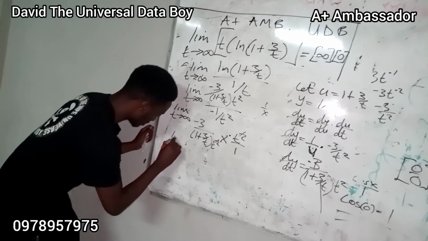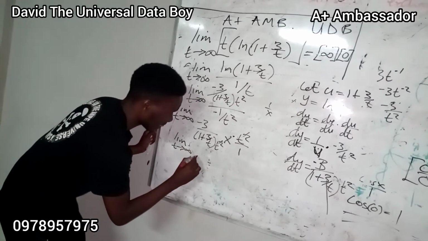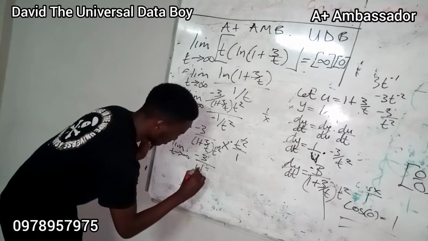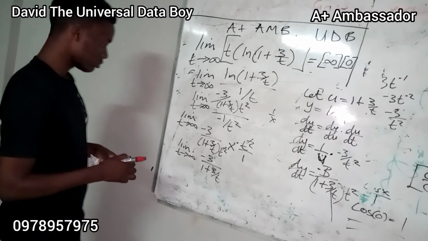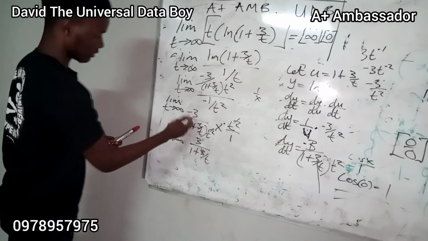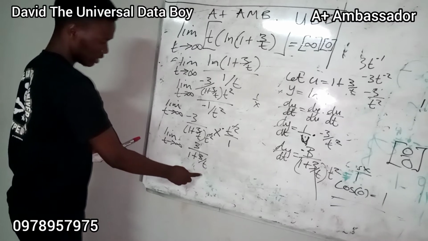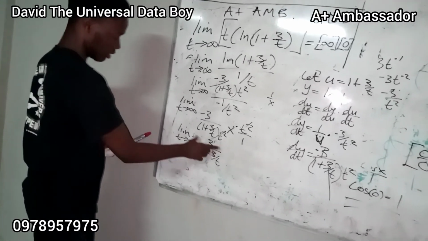We're going to have the limit as t approaches infinity of 3 over 1 plus 3 over t, with the negative times negative. Now we can actually evaluate, because when you take the limit there's going to be a 0 and a 1, with a 3 on the top.